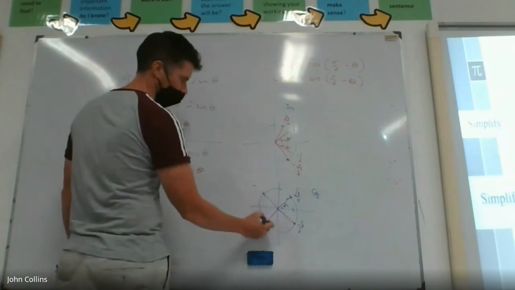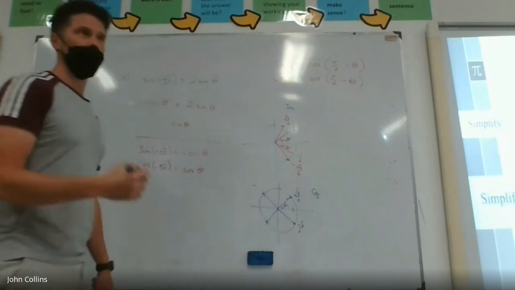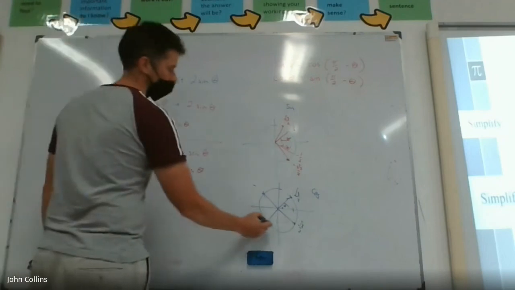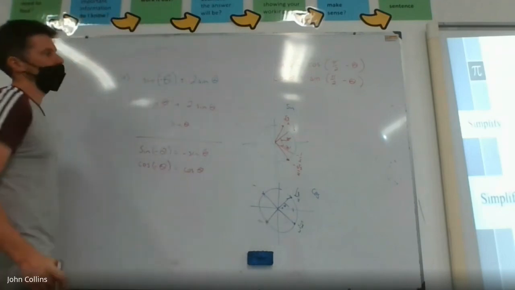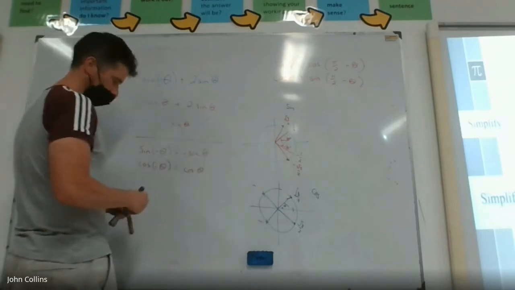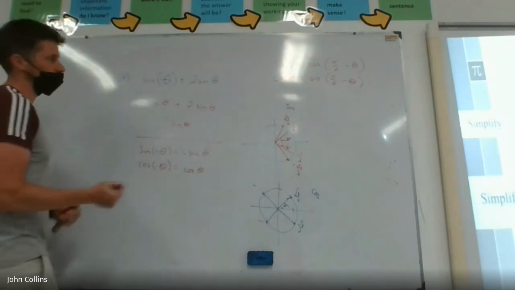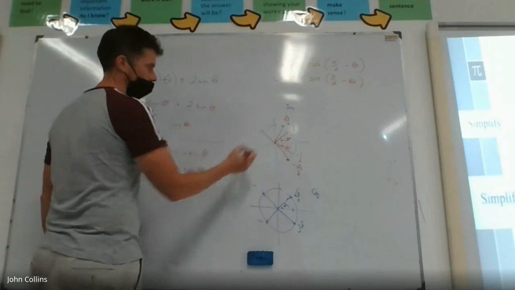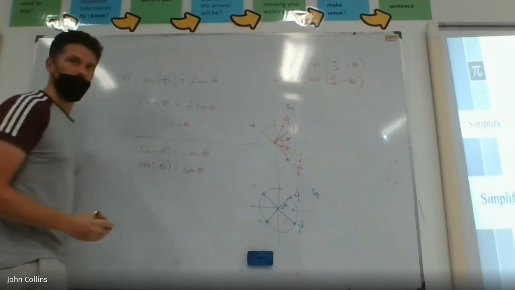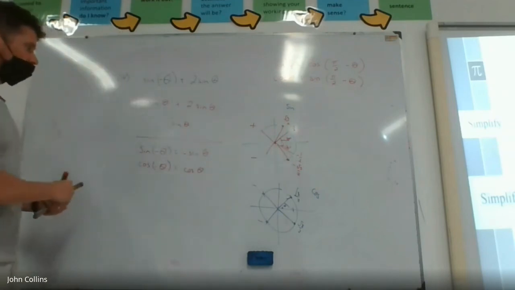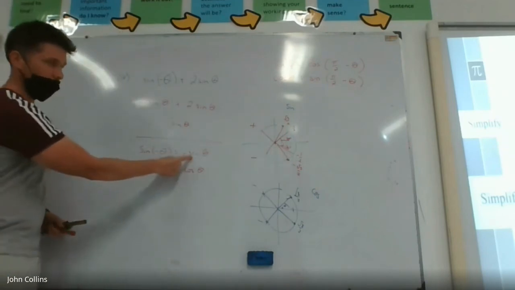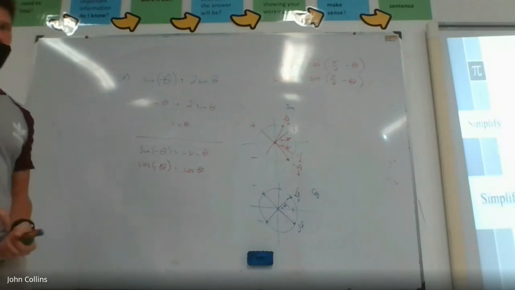And its reflection buddy here is also going to be minus. So that still applies. It's going to have the same value. And what about sine? Whatever its answer here is going to be plus, and its buddy's reflection is always going to be minus. So you see the way it changed. This one has the opposite sign, this one's the same sign. Same answer.